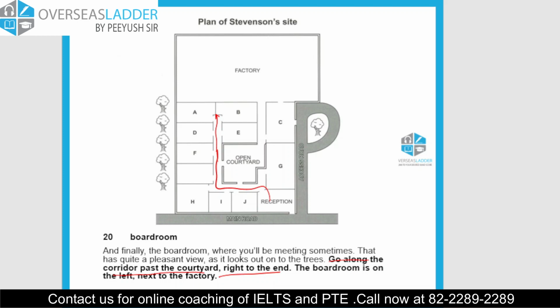The boardroom is on the left. So this is left, this is right. So on the left, this would be A, next to the factory. So this is the factory. Next to means it is almost together. So after A, it would be the factory. This means next to. All right. So this would be A.